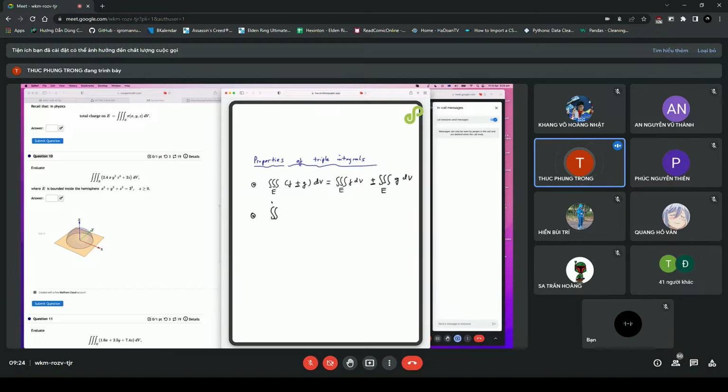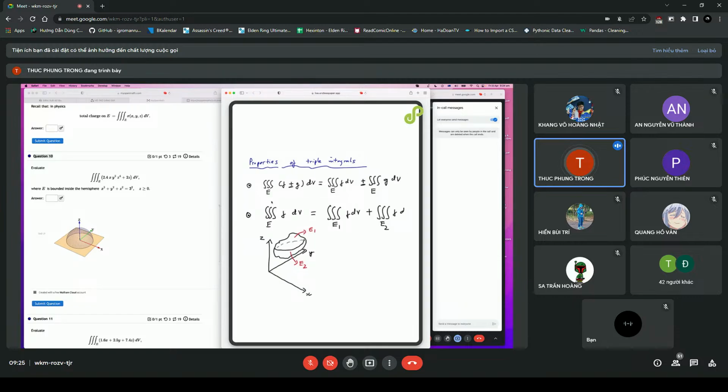The last one: if you integrate a function f over some solid E, and the solid E is created by two different solids, E1 and E2, then you can write your triple integral as the sum of the integral of the same function f over E1 and over E2.